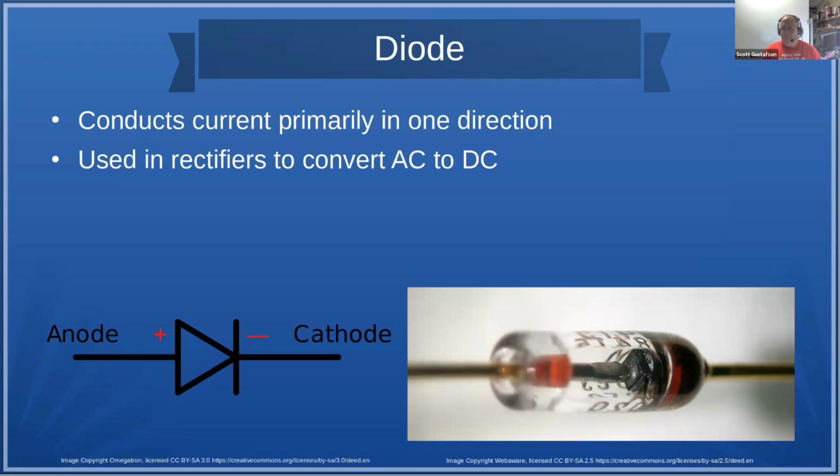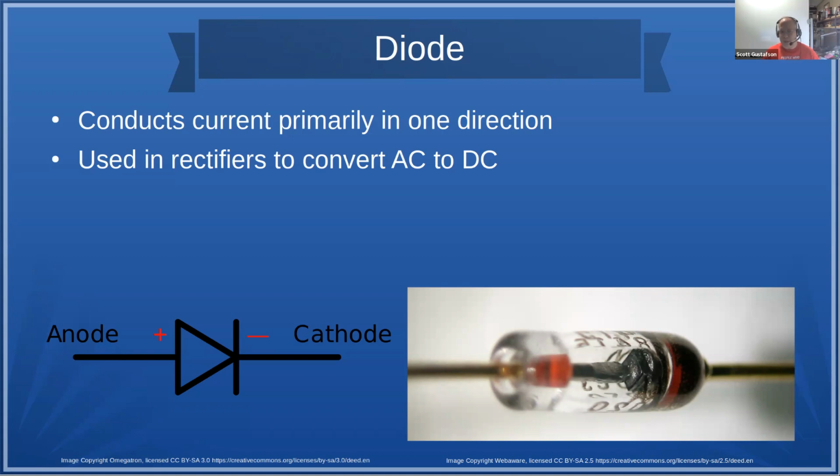So what do we need to know? We need to know how to use a diode. A diode is basically a component that conducts electricity, or conducts current, I should say, in one direction. The electrical symbol here has an anode and a cathode. That's basically your positive and your negative. And there's a little black band on the diode. You can see it in the picture here.